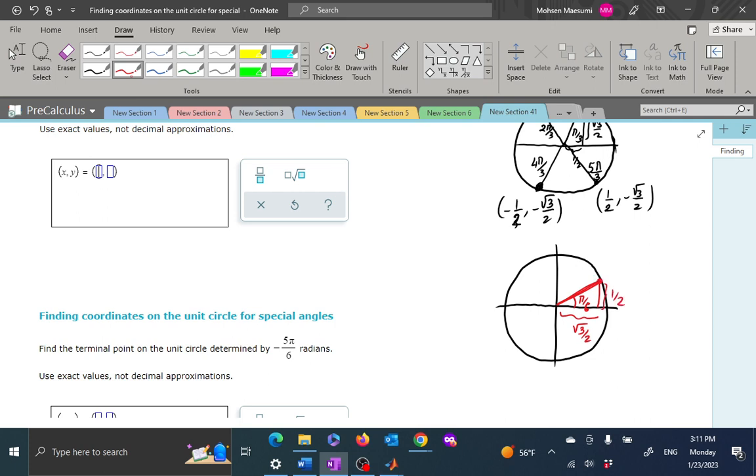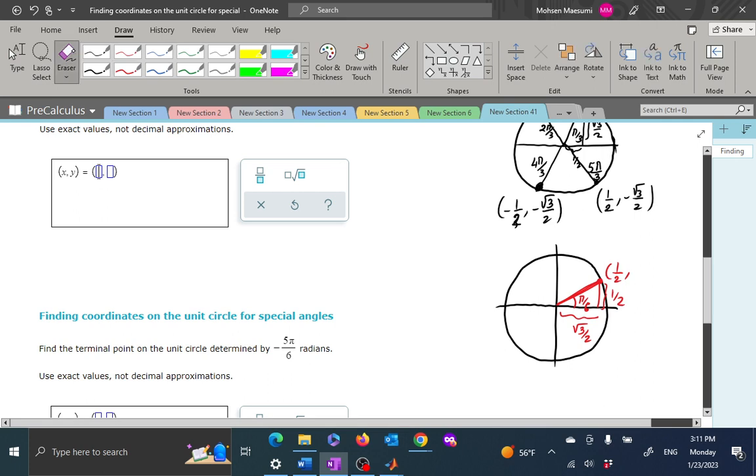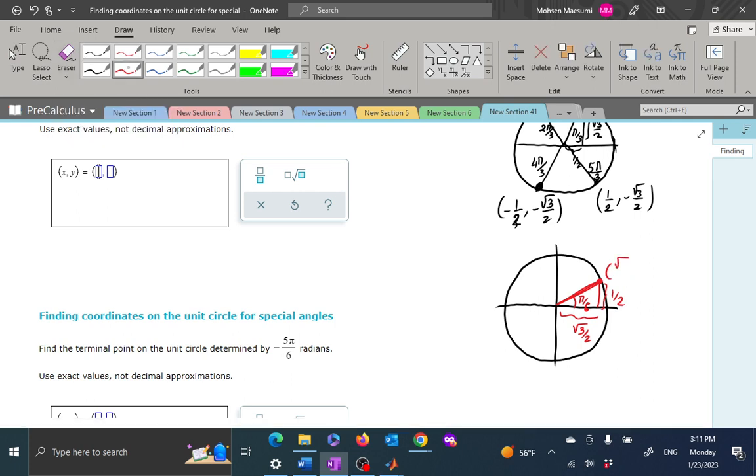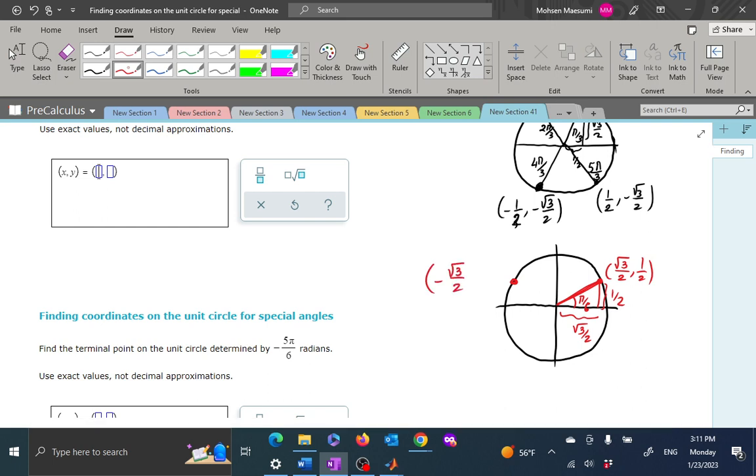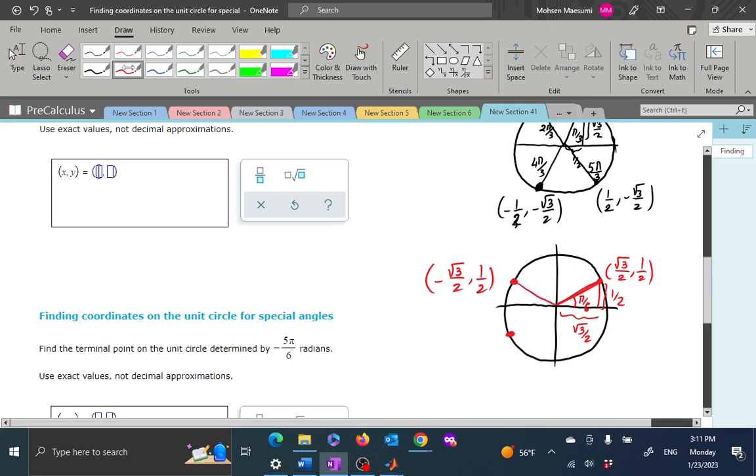So up here we are going to have radical 3/2 and 1/2. If I go the other side, of course, x is negative, minus radical 3/2 and 1/2. Down here, so that one will be 5 pi 6.